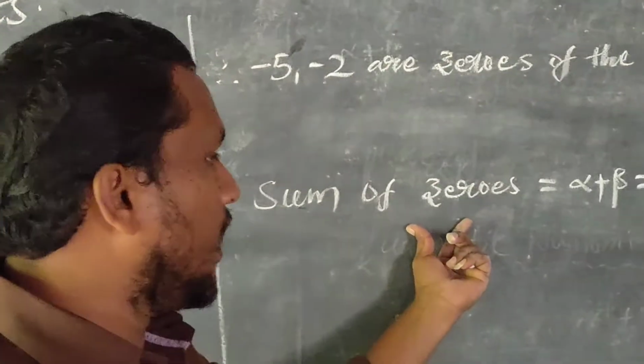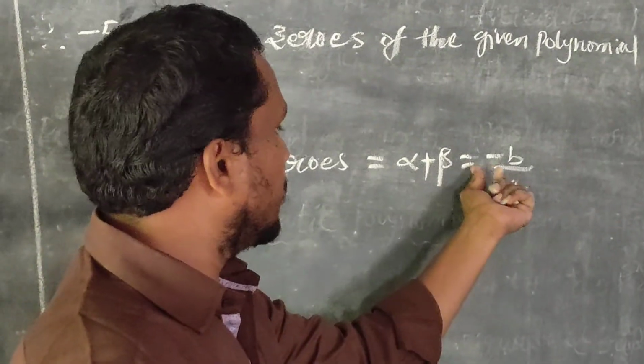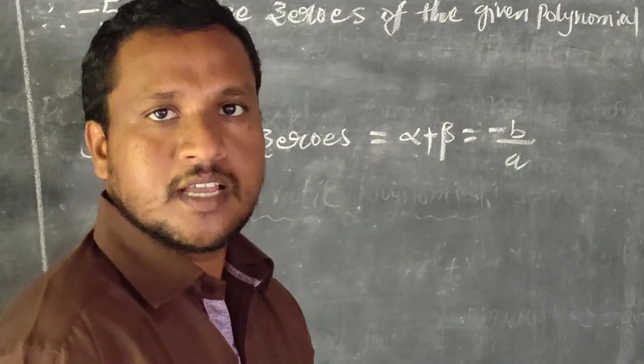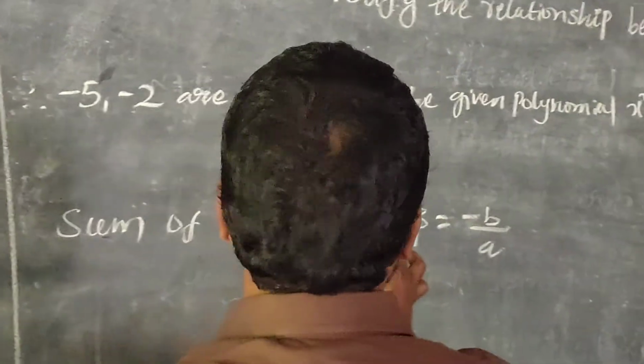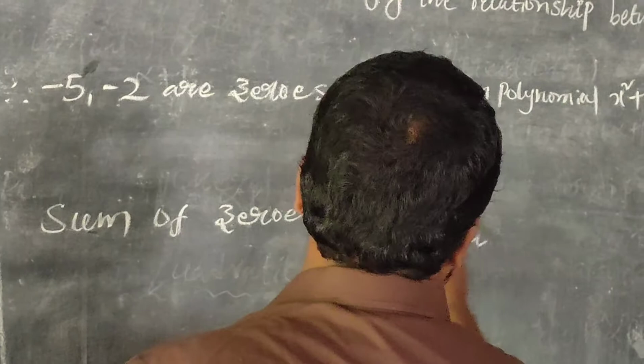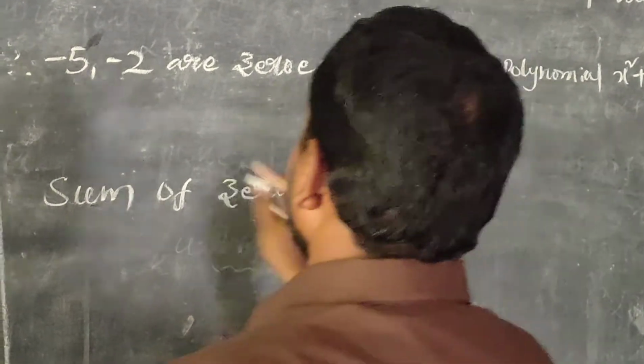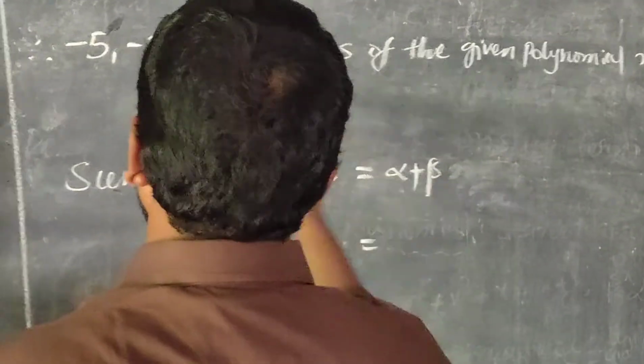What is the formula? Alpha plus beta is equal to minus b by a. Write alpha and beta: alpha is minus 5 and beta is equal to minus 2.